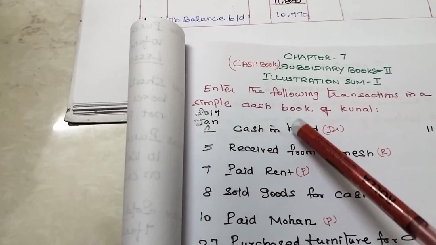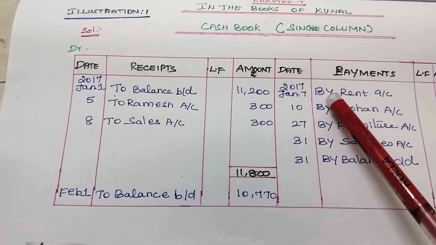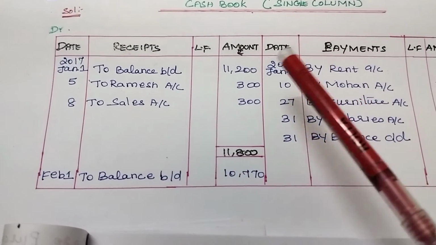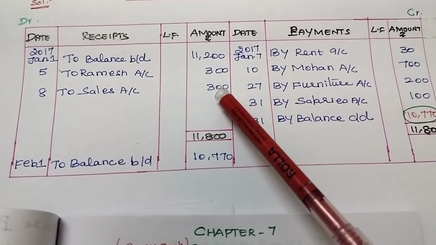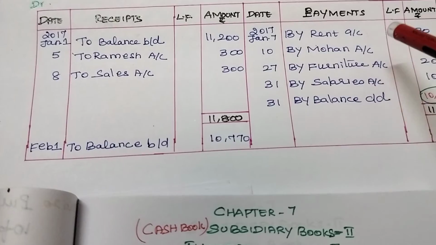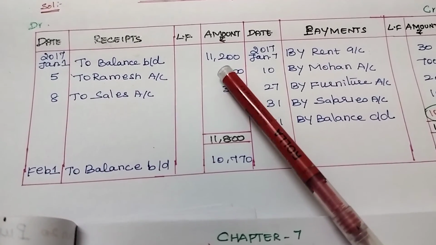So all the given transactions we enter into the single column cash book. Then we find which side has the higher value. In the cash account, the debit side always has the higher value; this is the rule for the cash account.